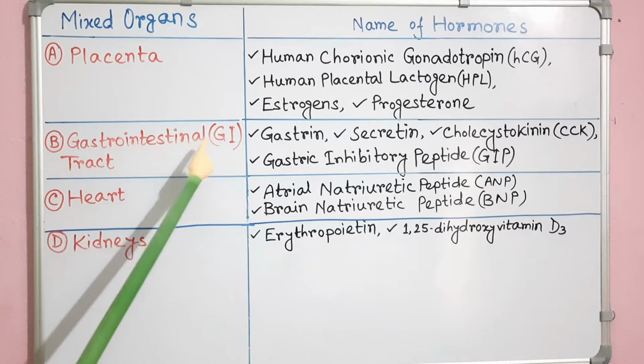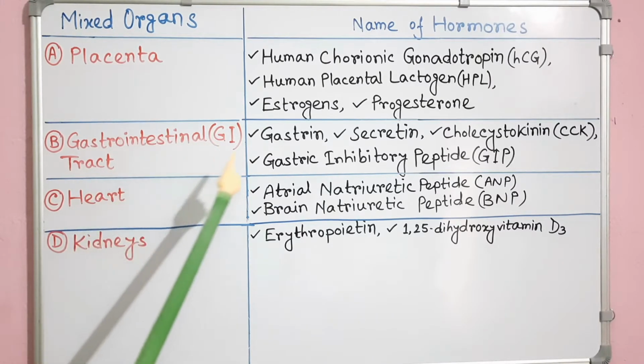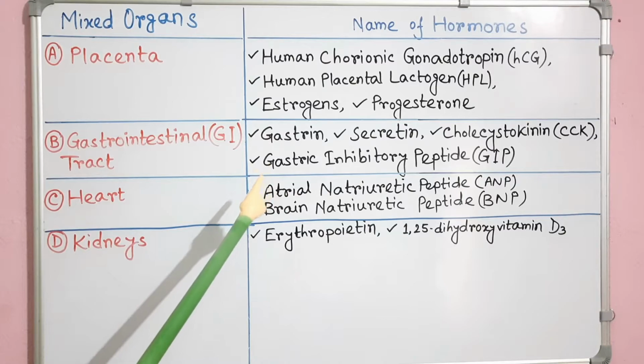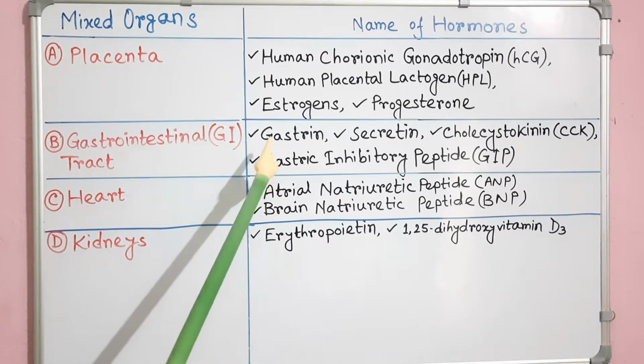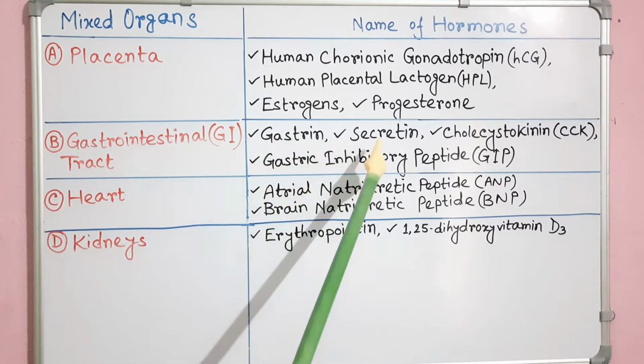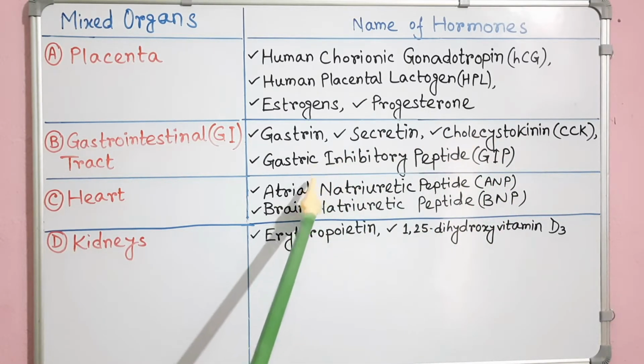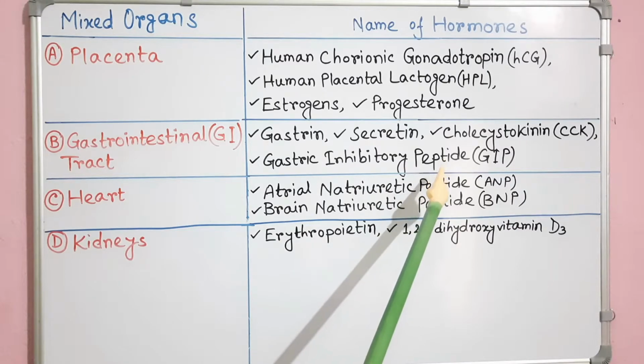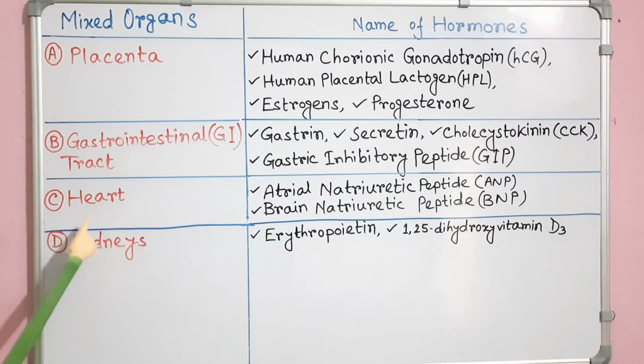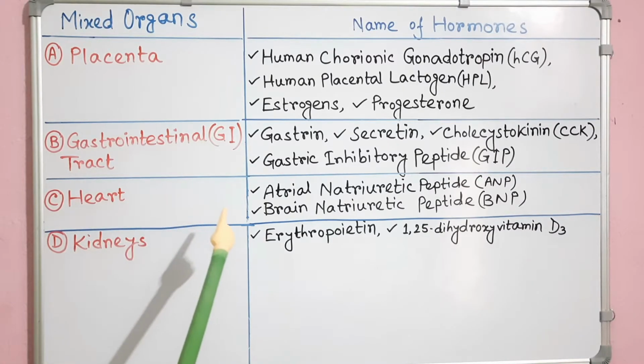The gastrointestinal or GI tract also secretes a few important hormones. They are gastrin, secretin, cholecystokinin, gastric inhibitory peptide, etc. The heart also secretes some hormones.